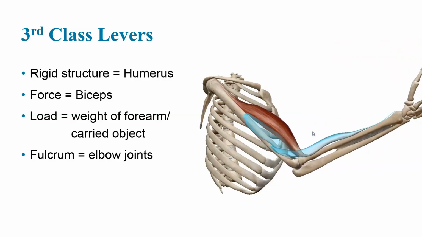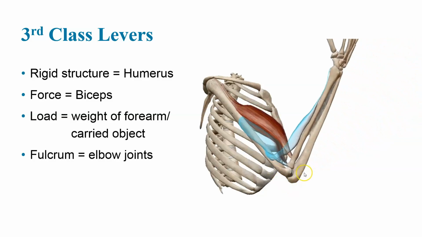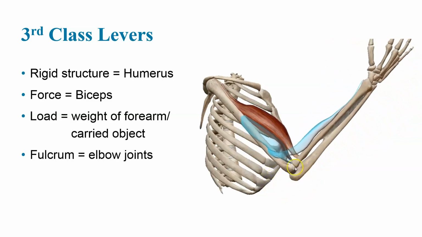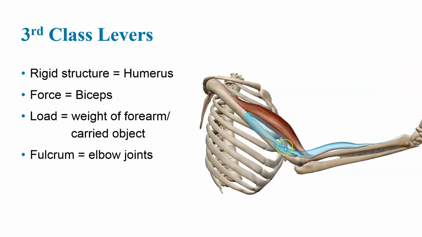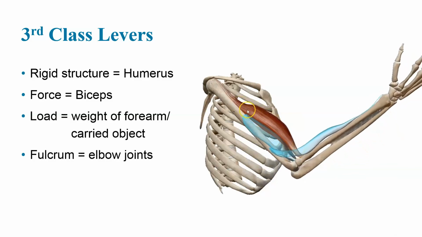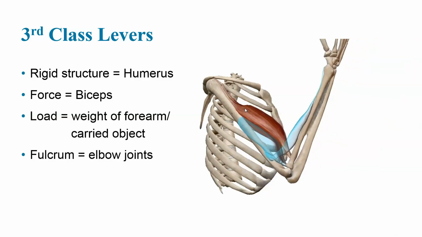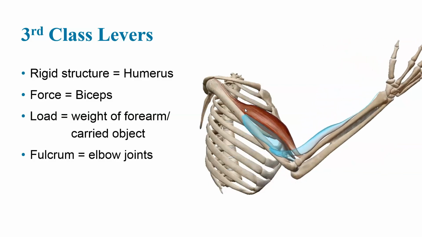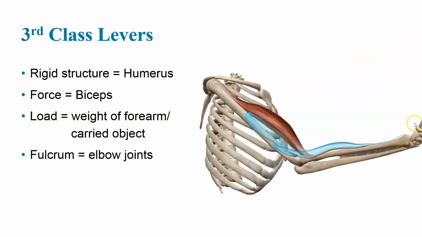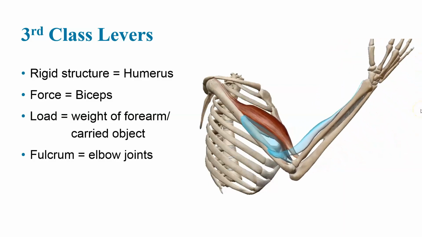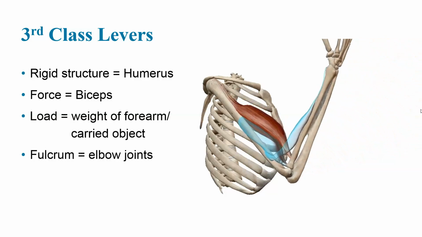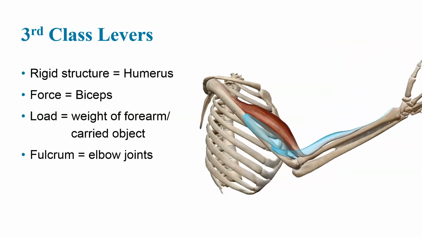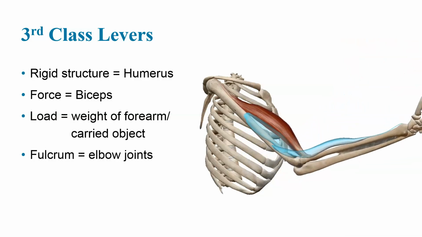In a biceps curl, the fulcrum is the elbow joint that you see here. The effort comes from the biceps brachii muscle, and the load is the weight of the forearm plus any other weight that might be in the hands. Third-class levers like this one are the most common in the human body.